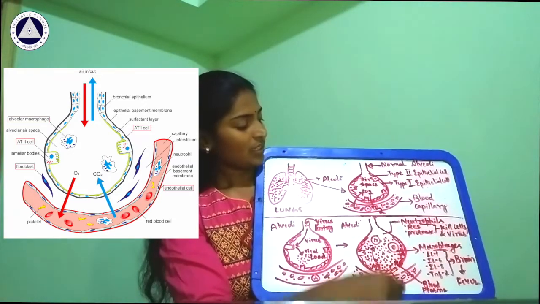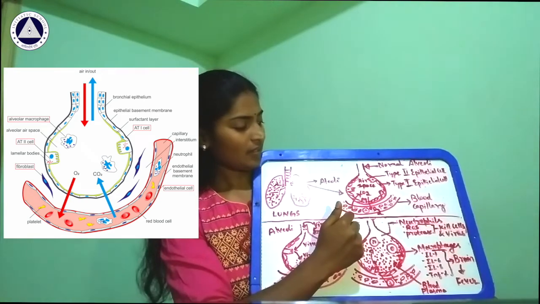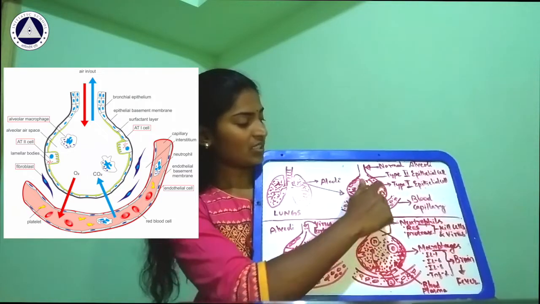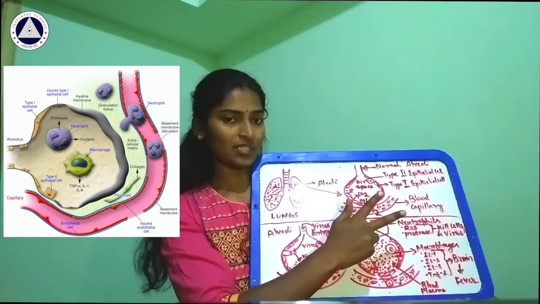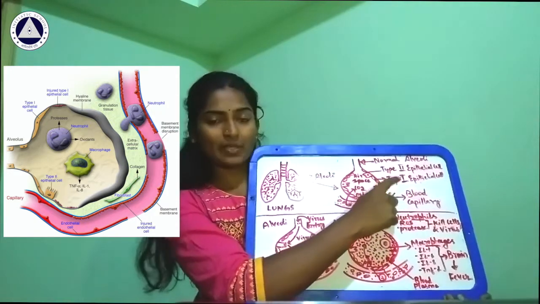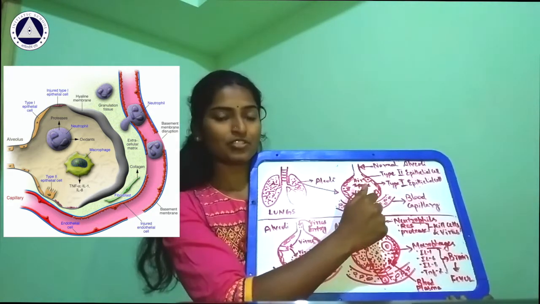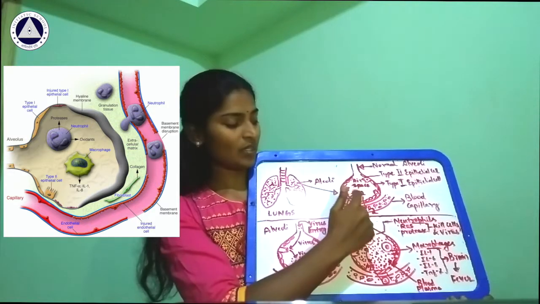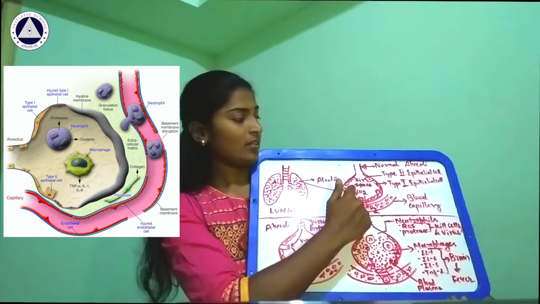So this is the major function of alveoli, and let us now know what the alveoli are made up of. Alveoli are made up of two types of cells, that is type 1 epithelial cells and type 2 epithelial cells. Type 1 epithelial cells help in the exchange of gases between alveoli and blood capillary.